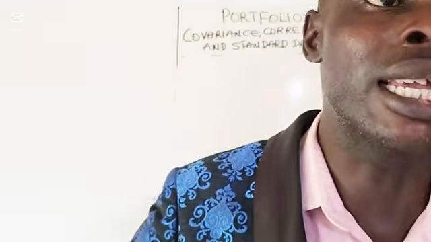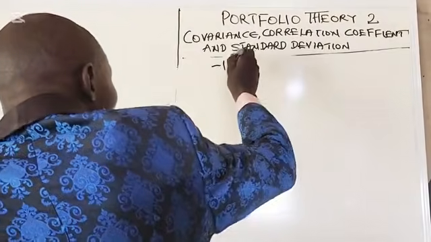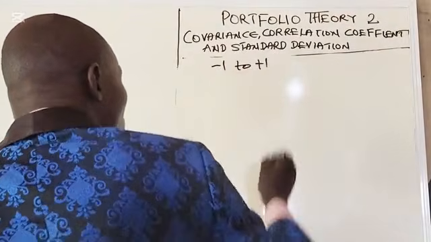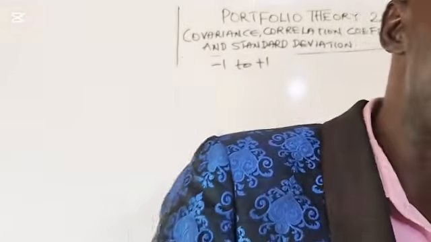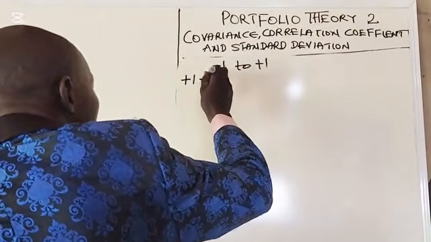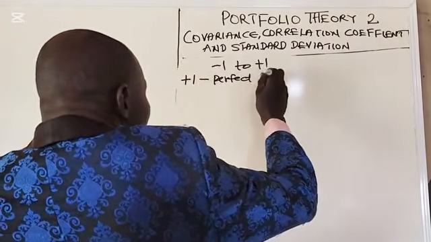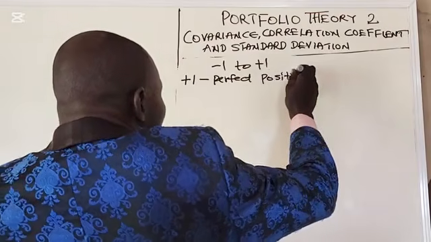Correlation coefficient takes a range of numbers between -1 to +1. If you have +1, that means perfect positive correlation.